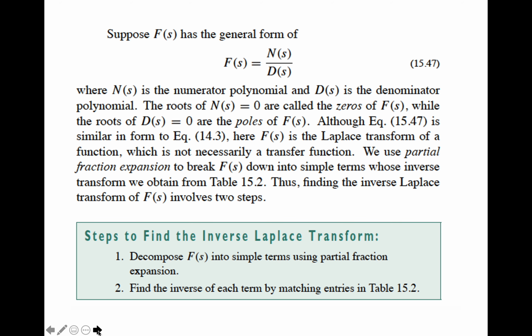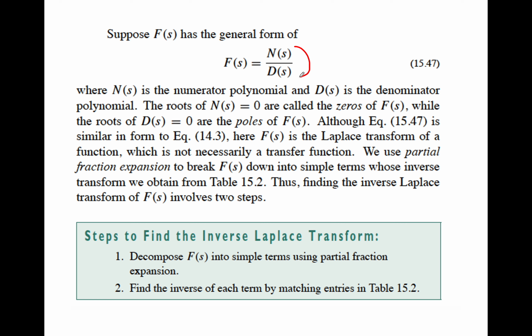All right, so as we talk about finding the inverse transform, we're going to make a couple of assumptions. So the first is that your function in the S domain is of some form. It's a rational function. You have a polynomial in powers of S in the numerator and a polynomial in powers of S in the denominator.